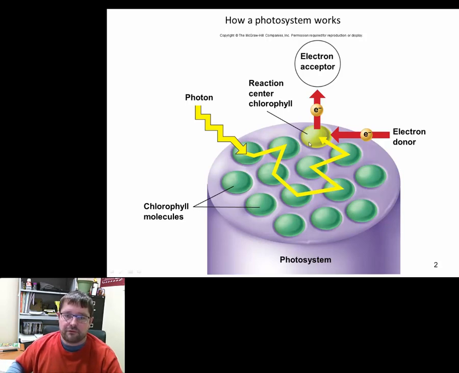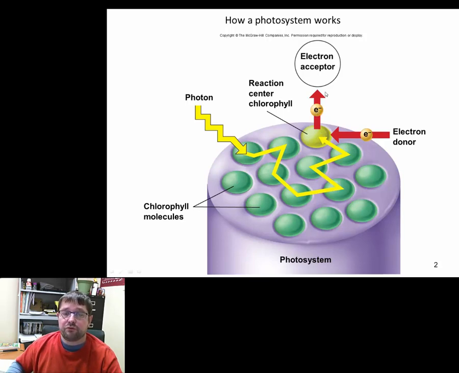There's going to be a chlorophyll molecule in the reaction center that is holding on to an electron, fairly loosely. And as that resonant energy goes through the chlorophyll molecules, it eventually makes it to the reaction center and excites this electron.